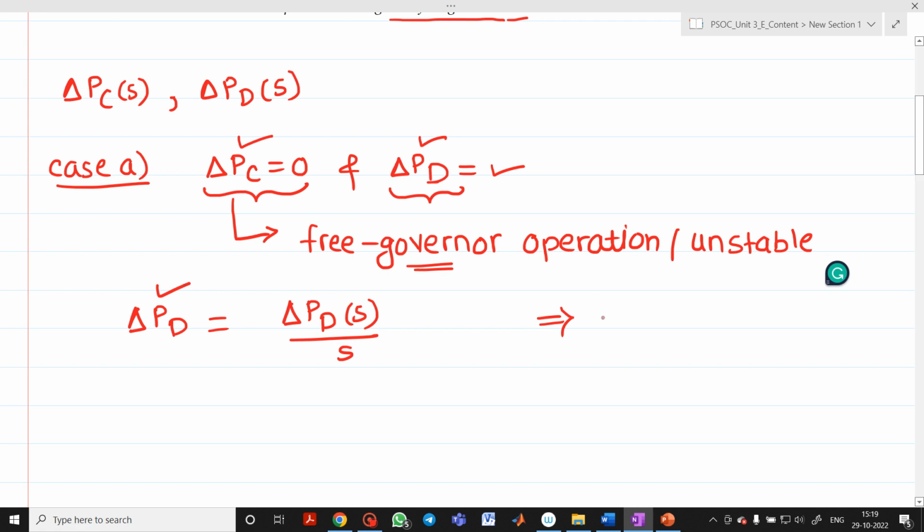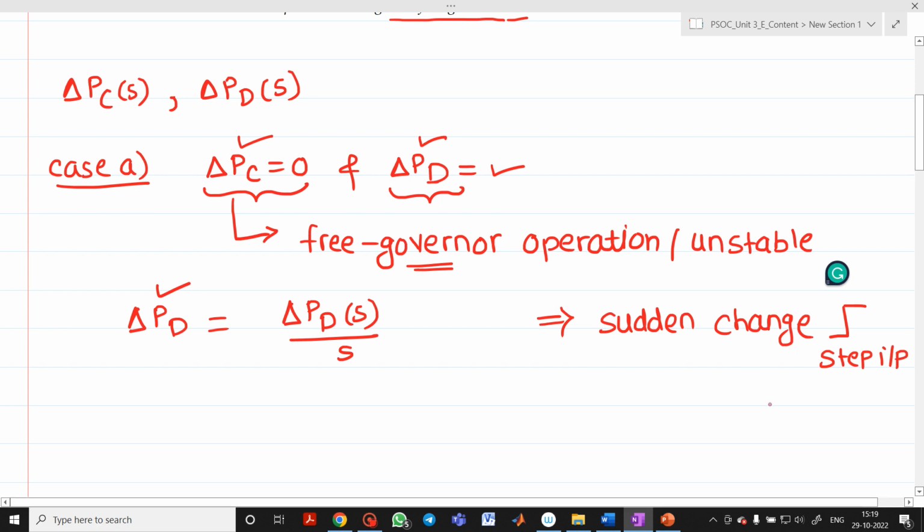This sudden change is always represented by a step input.